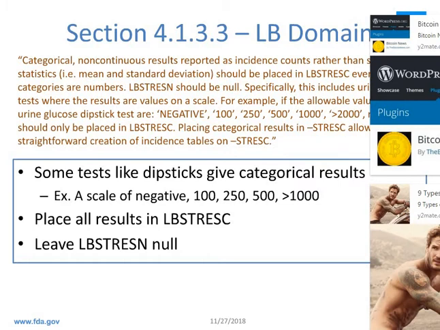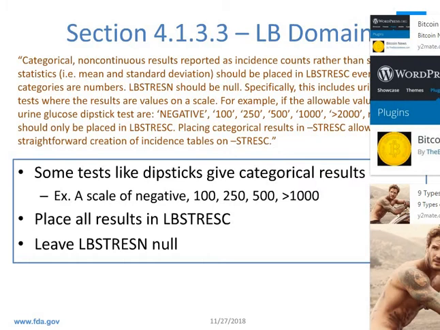For the LB domain, we've provided some clarification about how to use the SDTM and SEND model to represent data for categorical data. Some lab tests, like urinalysis dipsticks, essentially give categories, even though those categories might have a number. So you could have a result of negative, 100, 250, 500, but you haven't really measured anything.